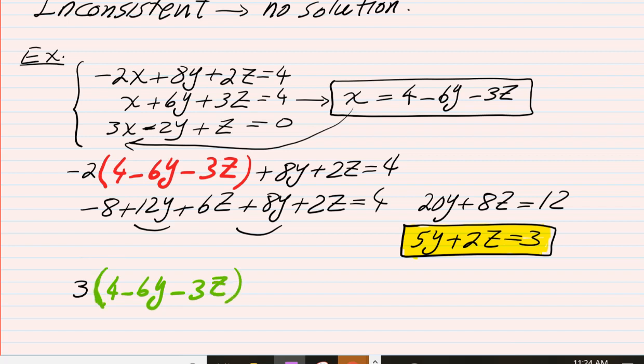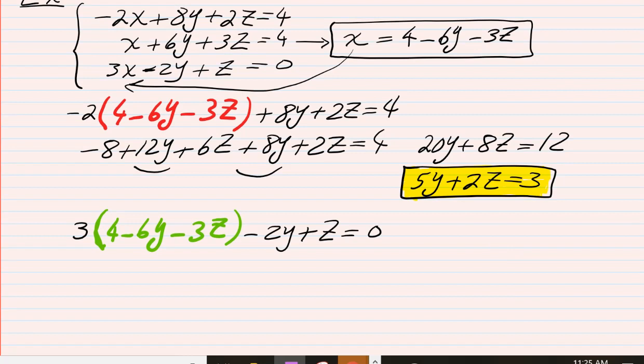Okay. And negative 2y plus z equals 0. So what do I need to do now? Let me distribute, right? 3 times 4, 12. Negative 18y, negative 9z, negative 2y plus z equals 0.